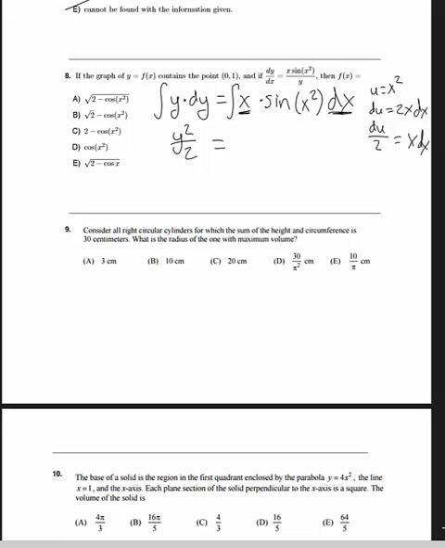So now we get y squared over 2 is equal to the integral of sine u du, and then y squared divided by 2 is equal to integral of sine is negative cosine, u is x squared, and then plus c.